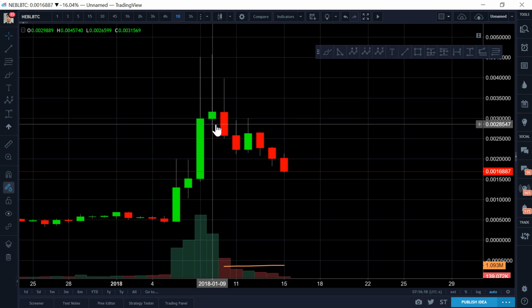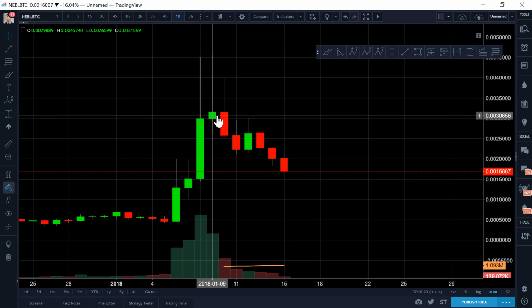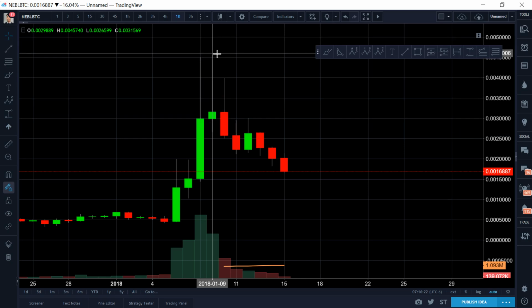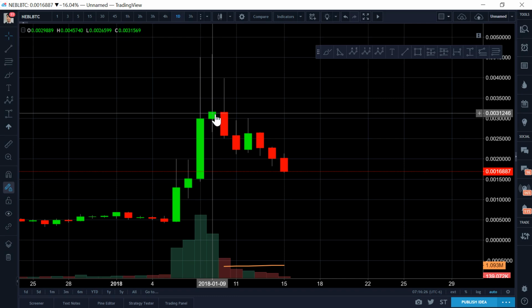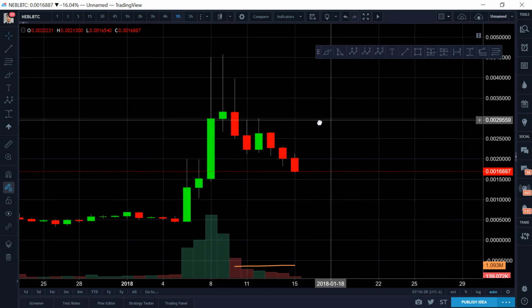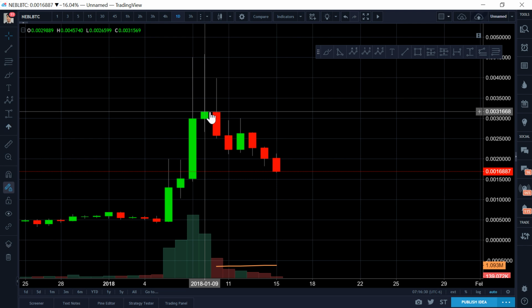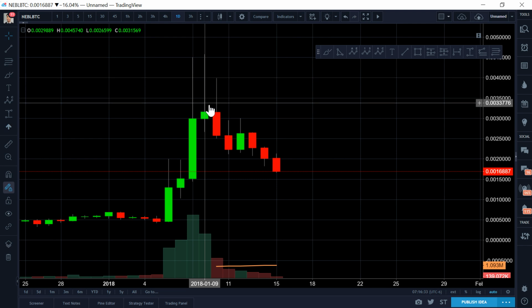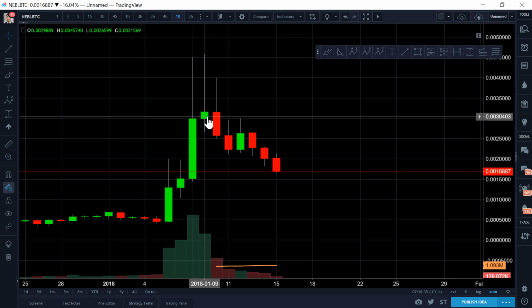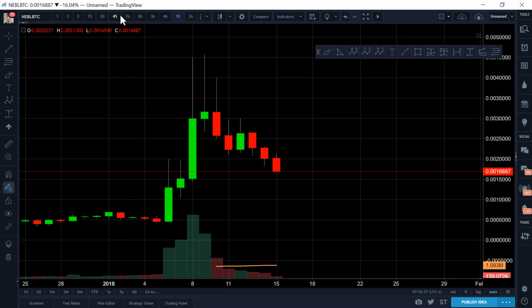The bears could have pushed down there, and then the bulls pushed back all the way up, and then the bears pushed them back down. There are so many variations of what could have happened. Or maybe the bulls pushed up first, and then the bears pushed all the way down, and then the bulls pushed back up.